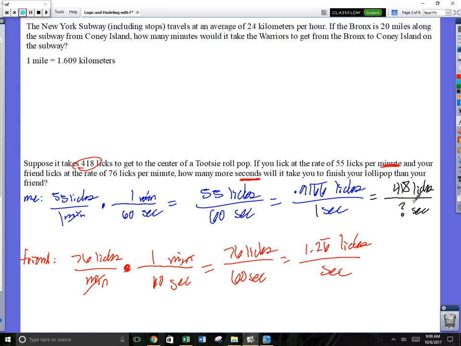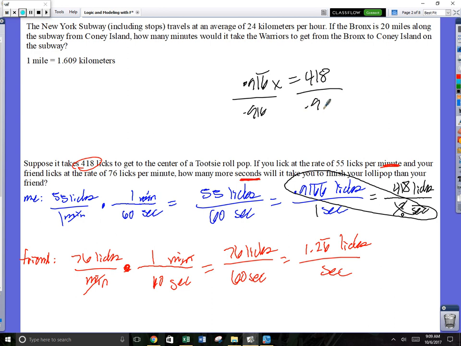That's 1 second. So if you set up a proportion, now cross multiply this way. This is the x. So I got 0.916x equals 418. Divide by 0.916. So on my calculator, I'm going to type in 418 divided by, and then I'm going to go up and grab that number.